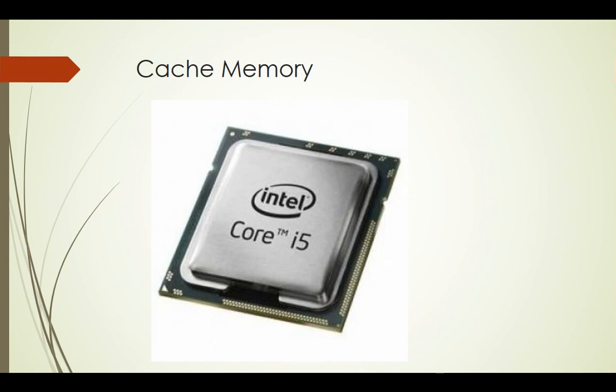So this memory is called the cache memory. This is inside the processor, not outside the processor. Till now we have talked about the memory which was outside the processor, but this memory lies inside the processor.